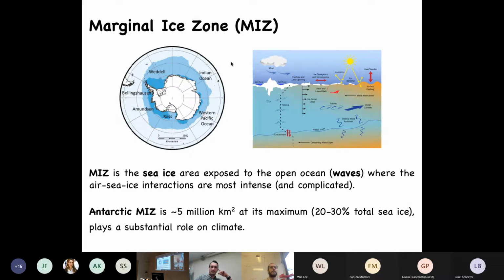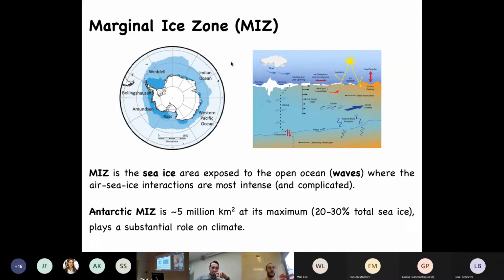And it's important. The general definition by Peter Wadhams and others that follow is that the marginal ice zone is that area exposed to the open ocean processes, and particularly waves. It is an area that's important for biogeochemistry and physical processes, and it governs the heat and momentum exchange between the atmosphere and the deeper ocean.